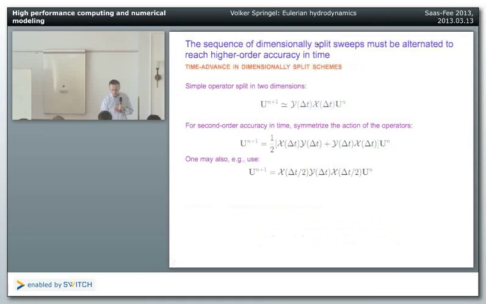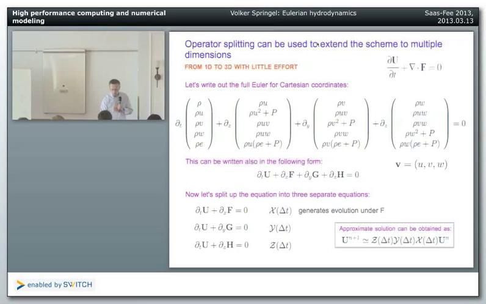I take the full Euler equation and replace it with these three equations, and by applying them alternatingly, I have the same net effect as doing them simultaneously. Intuitively it is clear that at some level this should work, but it is a different problem and you make an error. Replacing this with this causes an error.